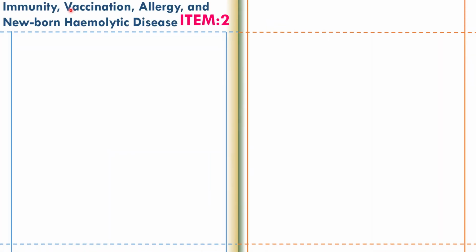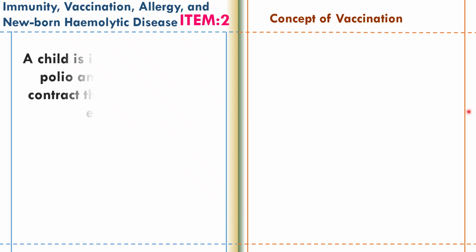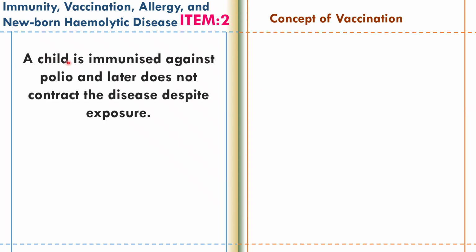Immunity, vaccination, allergy, and newborn hemolytic disease. Item 2. Let's now look at the concept of vaccination. A child is immunized against polio and later does not contract the disease despite exposure.